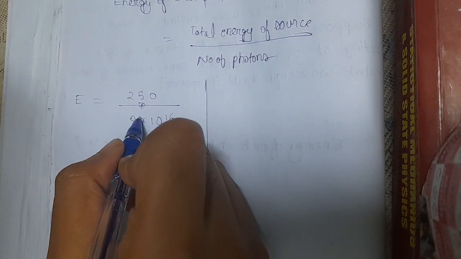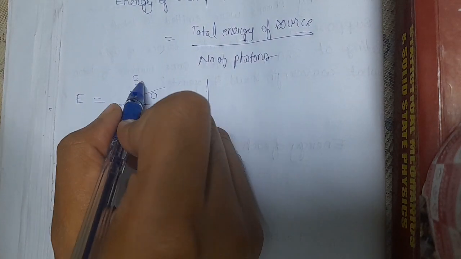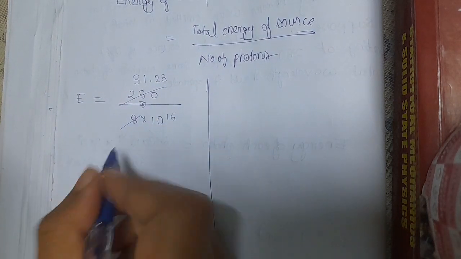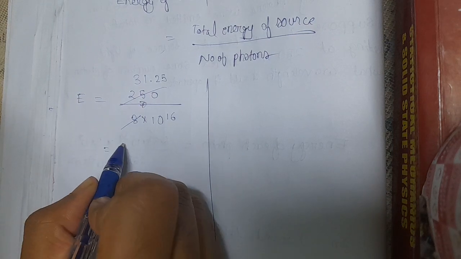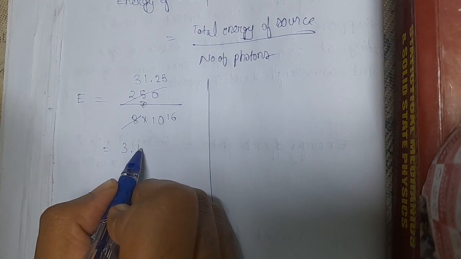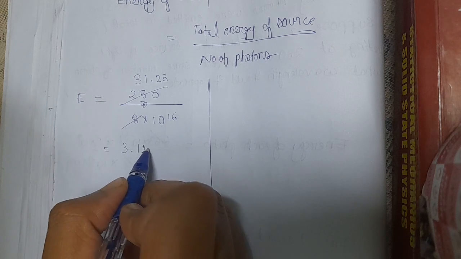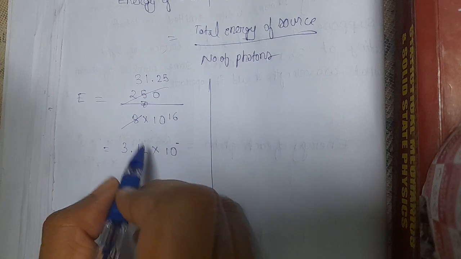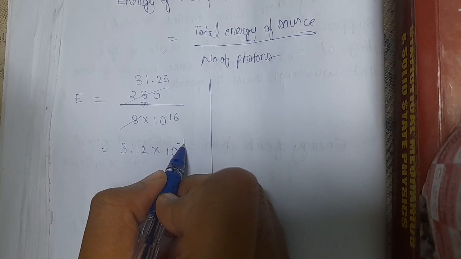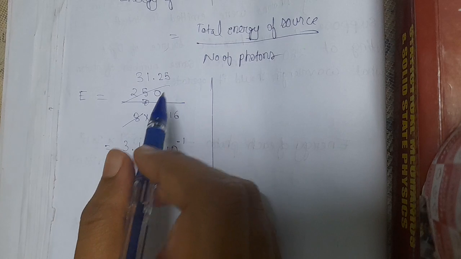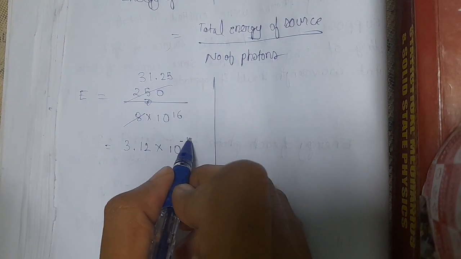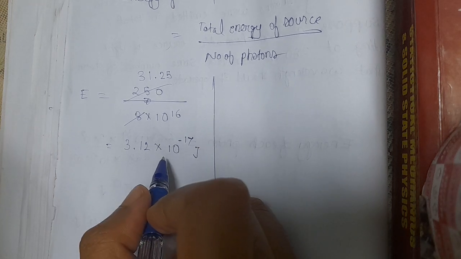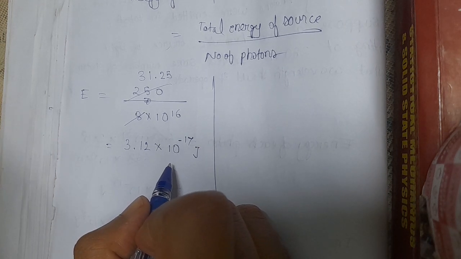So 31.25 into 10 to the power minus 16 minus 17 joule. This is the energy of each photon.